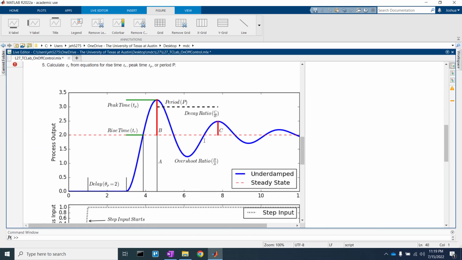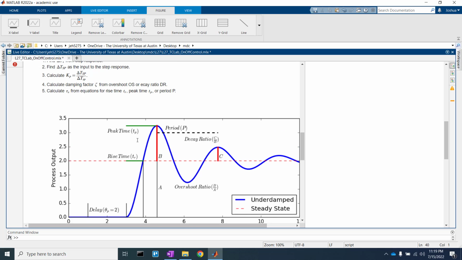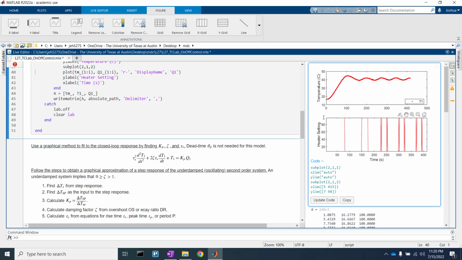Our overshoot ratio is B over A, so how it's diminishing. The other ratio we could use to determine this zeta is the decay ratio. The overshoot ratio is B over A, the overshoot over the change in final temperature, and the decay ratio is the difference between those two peaks.